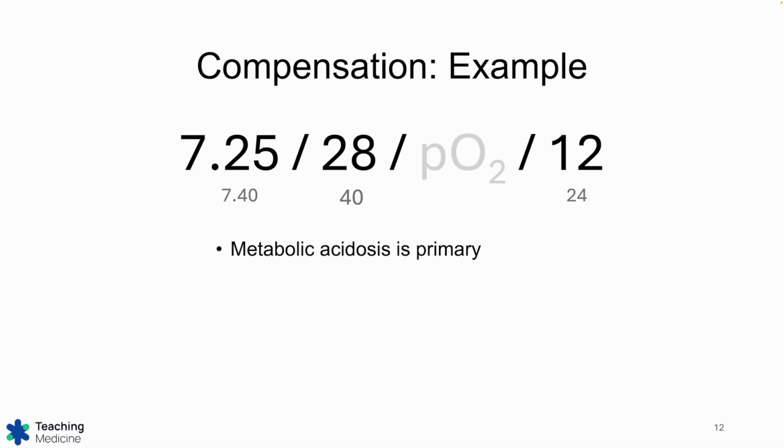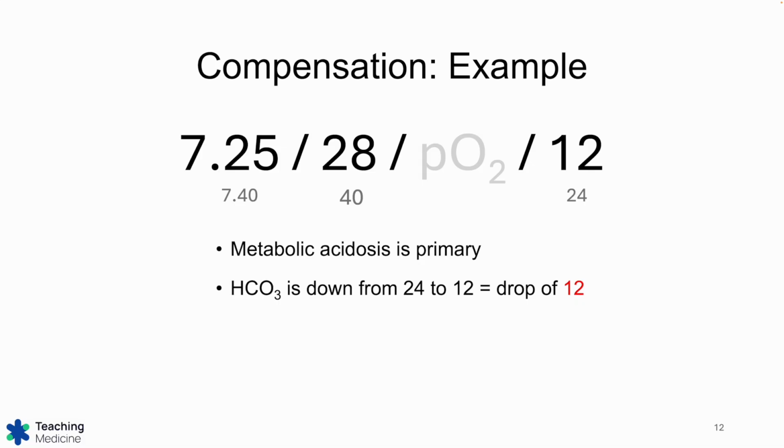So let's just analyze this. We have a respiratory alkalosis process. We have a metabolic acidosis process. We have a pH that is acidemic. So we know that the metabolic acidosis is primary.